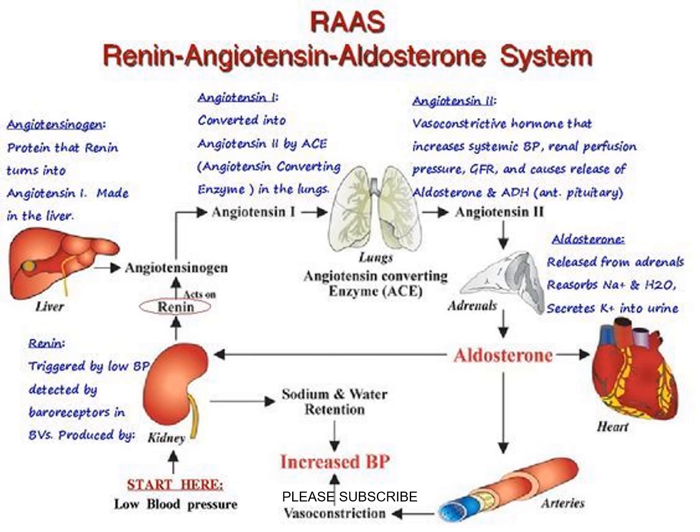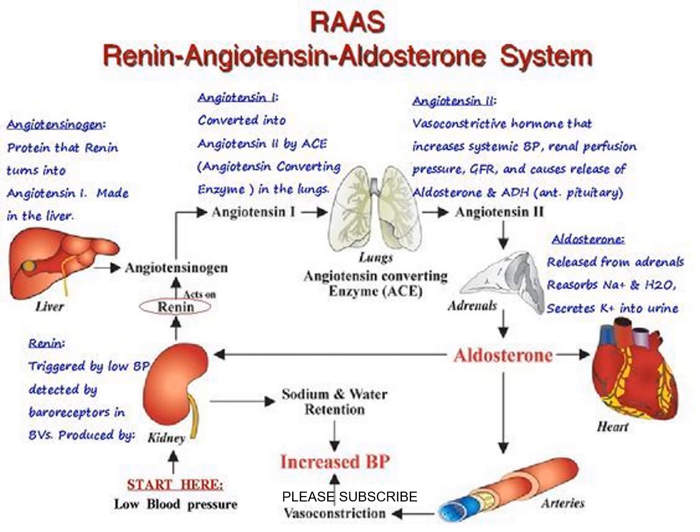So this is a summary of the pathophysiology of hypertension. So it mostly starts from the kidneys, where low blood pressure will trigger the release of renin from the juxtaglomerular cells, and then the renin will act on the angiotensinogen to convert it to angiotensin 1, and then angiotensin 1 will be converted by angiotensin converting enzyme to angiotensin 2.